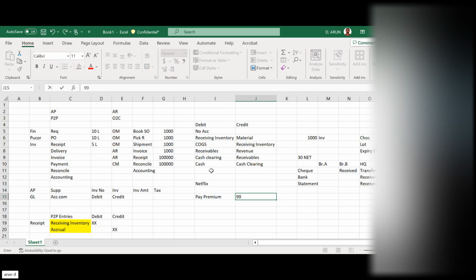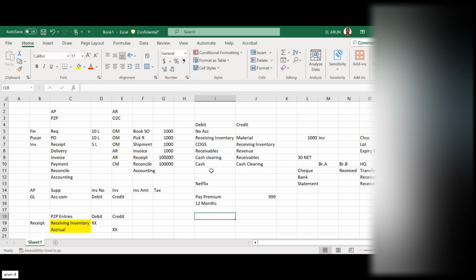So let's say I have taken the plan and I am using this for 12 months, for the entire year. Because when I take this plan as annual, I'm getting some discount, so I'm going for annual. Now in this case, it is not that I'm going to record the revenue right away.